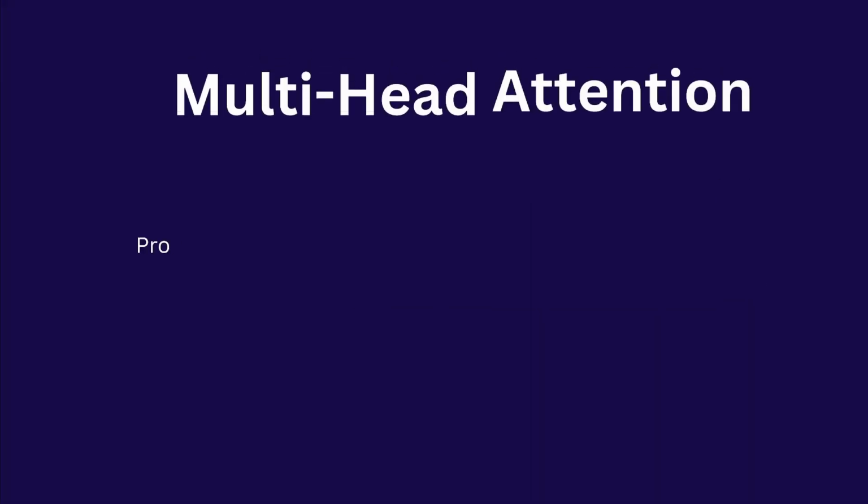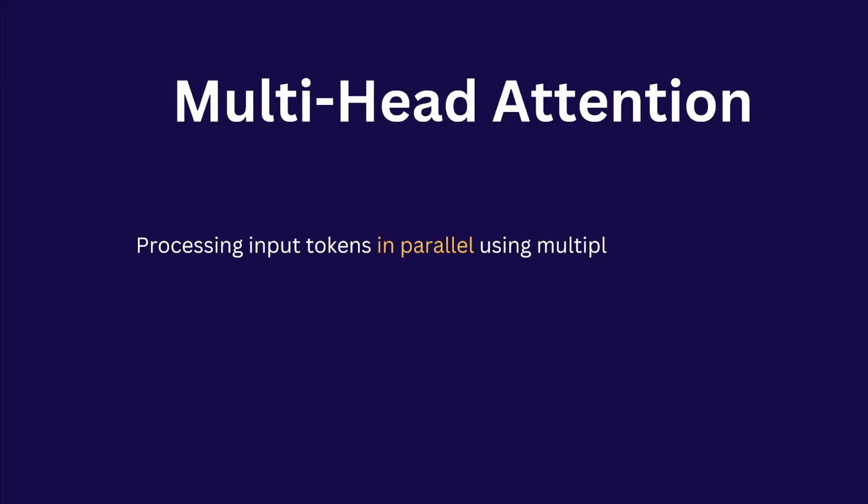This assignment of the weights enables the model to focus on the most important parts of the input. The next one is multi-head attention. Multi-head attention is an extension of the self-attention mechanism. This multi-head attention actually processes input tokens in parallel. So we use multiple attention heads.